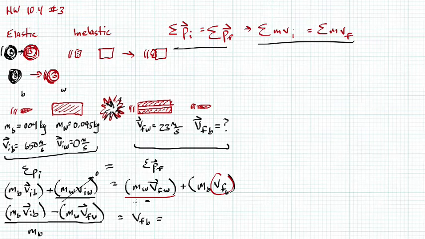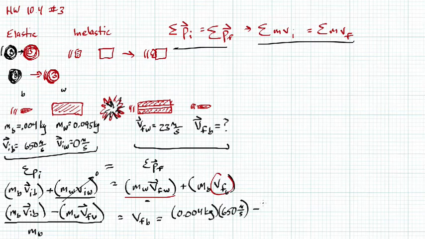Well, let's just plug in and see what we have here. And you know what? I don't even have the answer. You'll probably have to wait for me to calculate it too, because I don't have it. Mass of the bullet. What is that? Oops, I forgot this dot right there. 0.004 kilograms times initial velocity of the bullet. That is 650 meters per second.